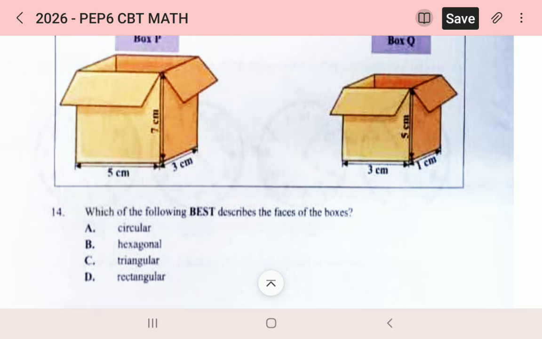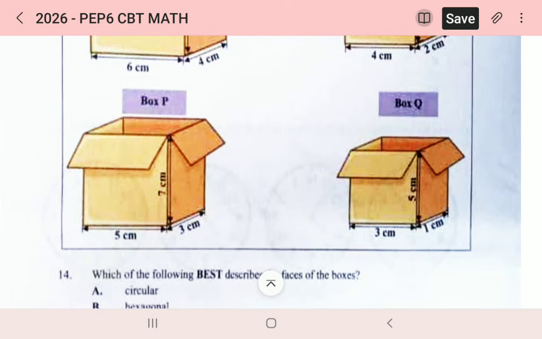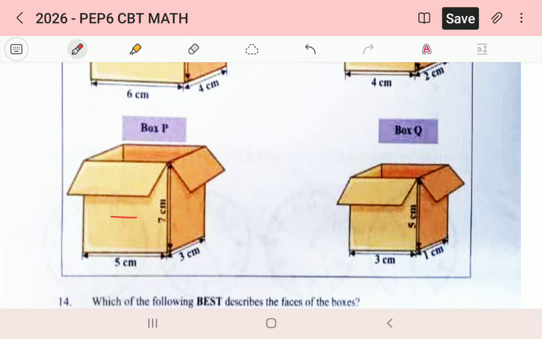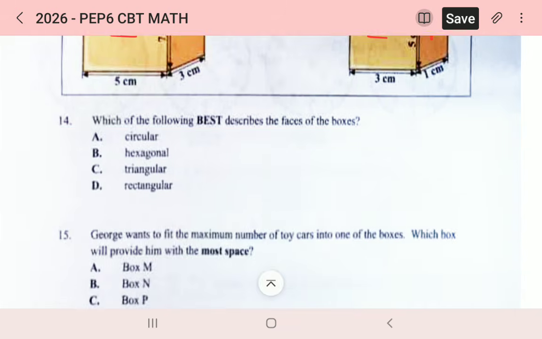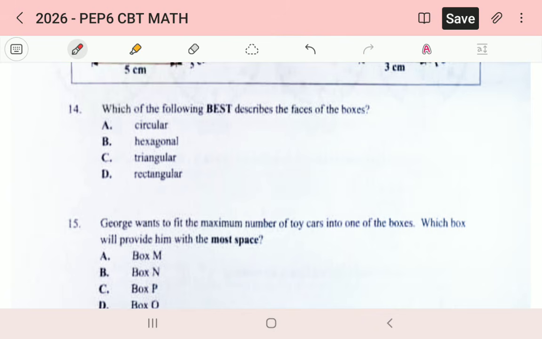Which of the following best describe the faces of the boxes? The faces are rectangular faces. So the answer would be D. Let's look at number 15. All right. George wants to put the maximum number of toy cars in one of the boxes.